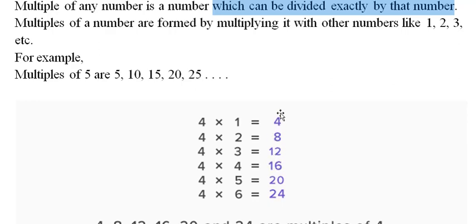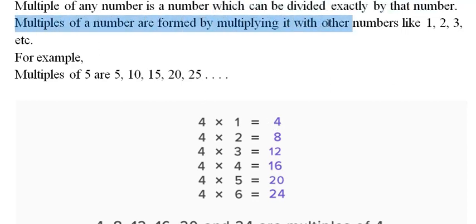What are the results here? You can see that the numbers are highlighted with a blue color. These are known as the multiples. So we can say that multiples of a number are formed by multiplying it with other numbers like 1, 2, 3, and so on.